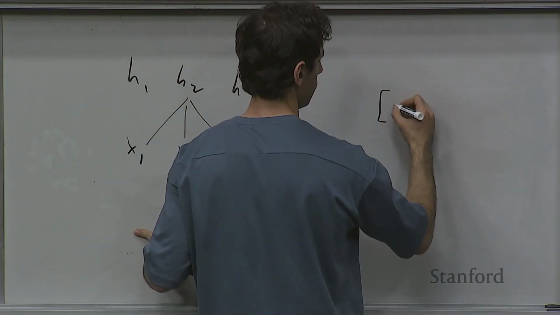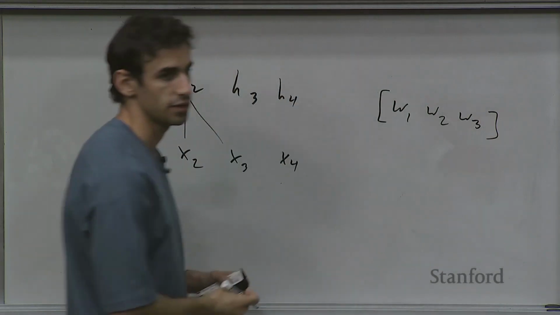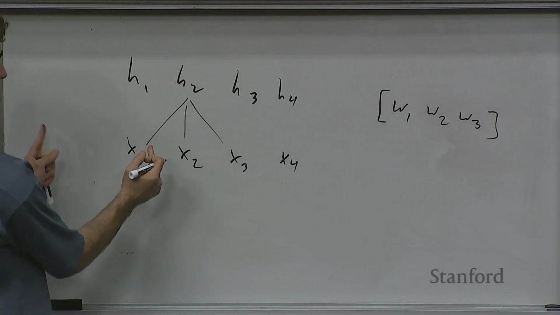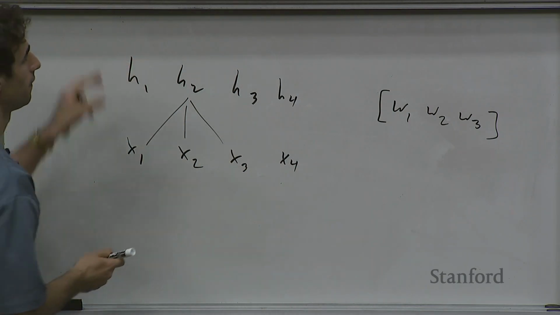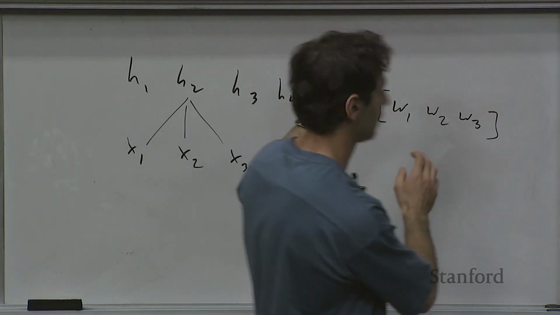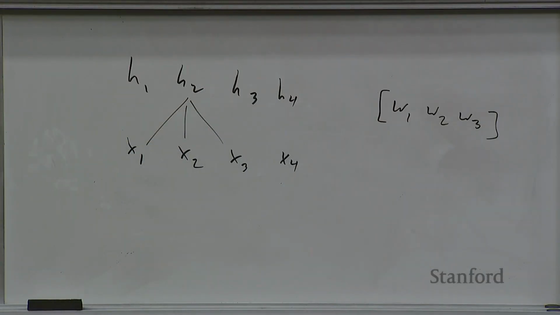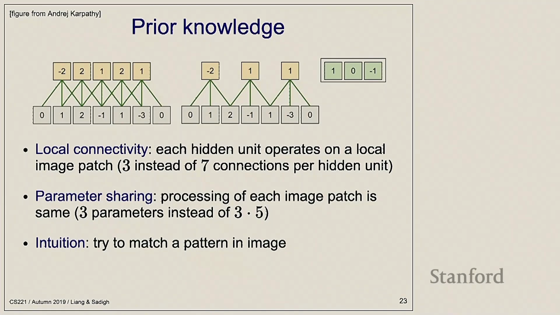And in this case, we would only have 3 weights, because we just have this sliding window and you apply it at each step. So A, it gives you local connectivity. B, it's much more efficient in terms of parameters. You're sharing the same parameters at different places in the input.